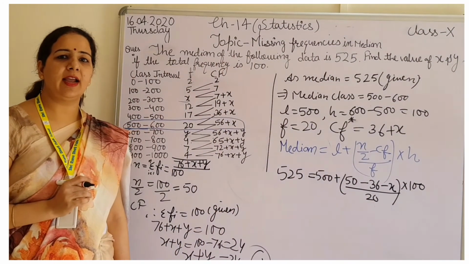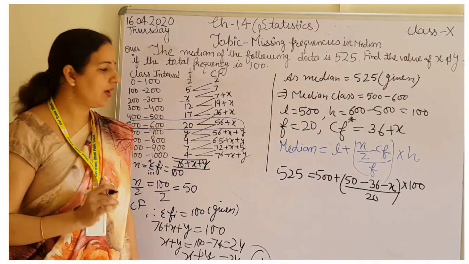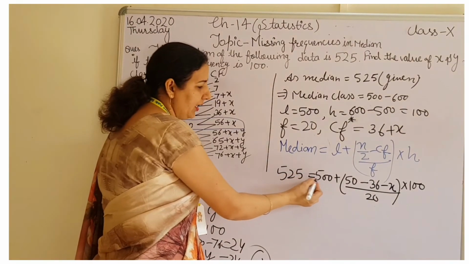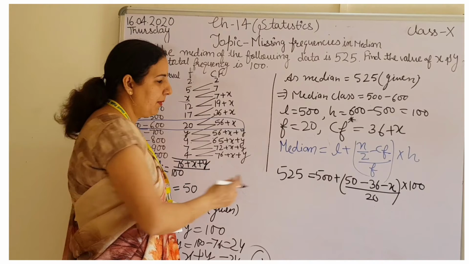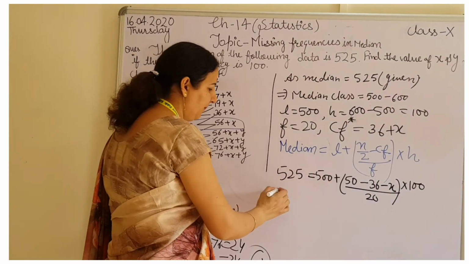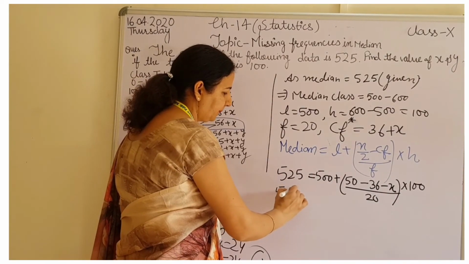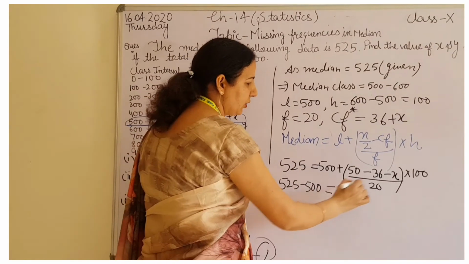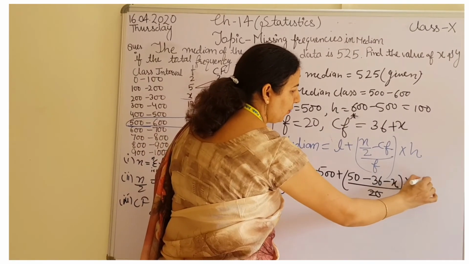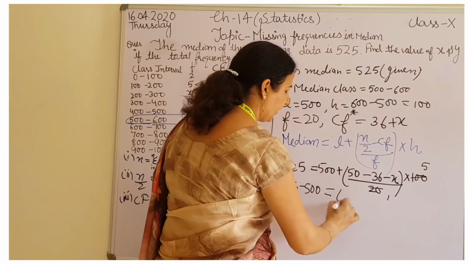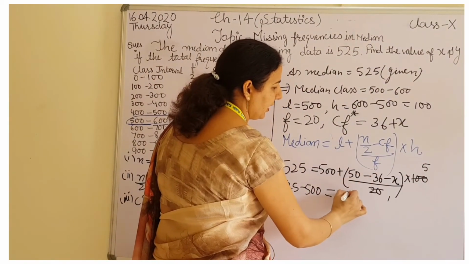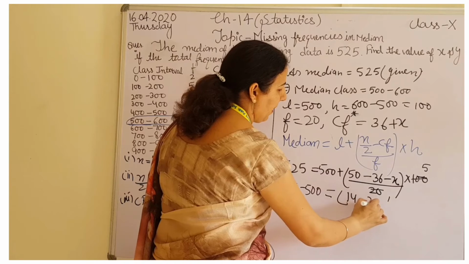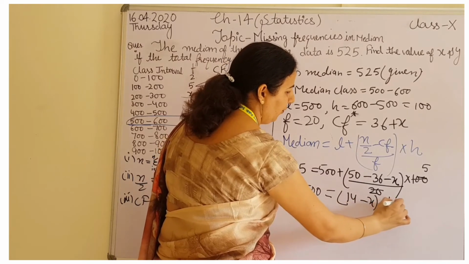For making the calculation easier, you directly subtract 500 from here, because this is not having any denominator. So 525 minus 500, 25, is equal to 20 ones are 20... 50 minus 36 is 14, minus x, into 5.